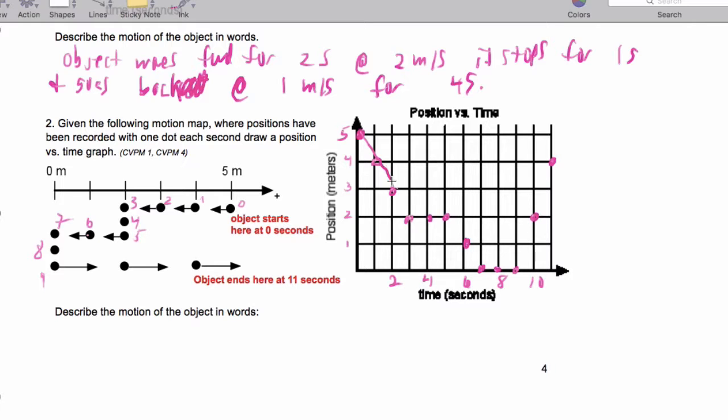So we can actually draw the graph like this and finish it like that. So we describe the motion of the object in words.